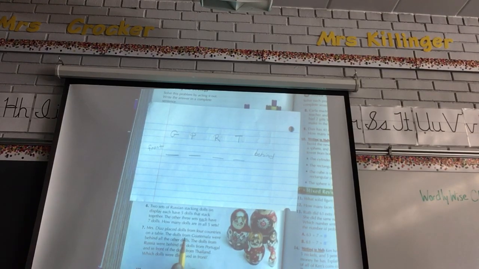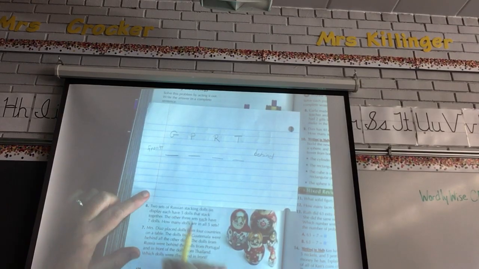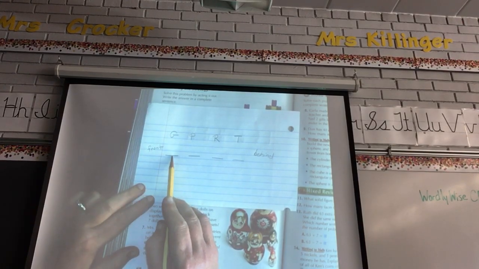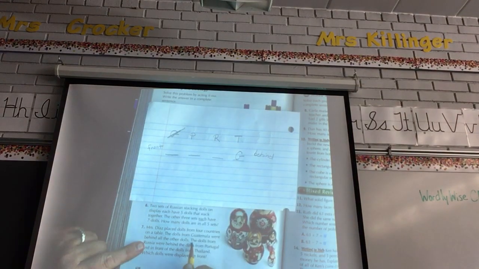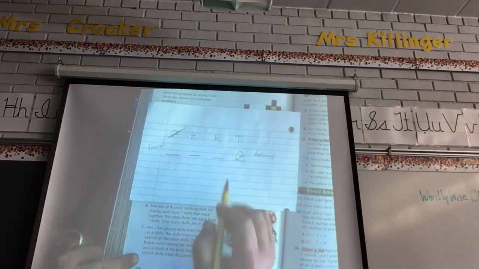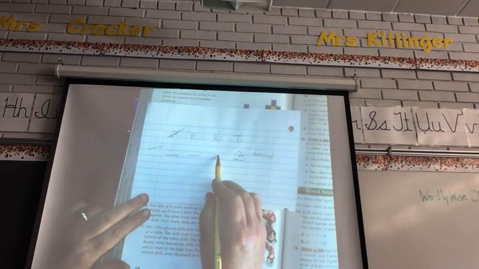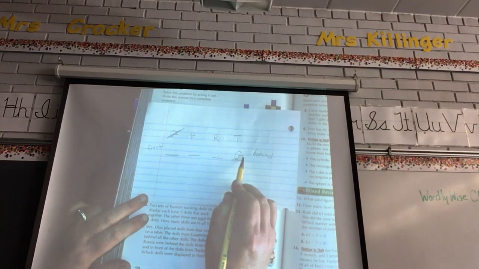All right, the dolls from Guatemala were behind all of the other dolls. So they're not going to be in front, guys. They're going to be behind. The dolls from Russia were behind the dolls from Portugal. Well, Portugal can't go here because the only thing behind it is Guatemala.